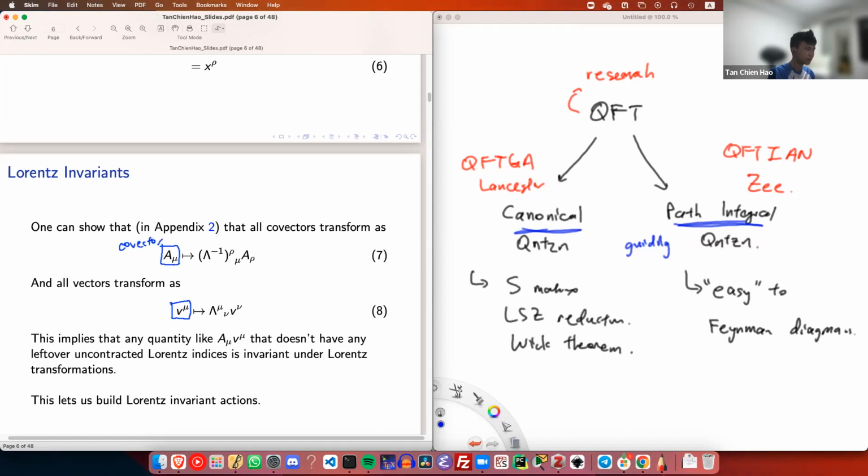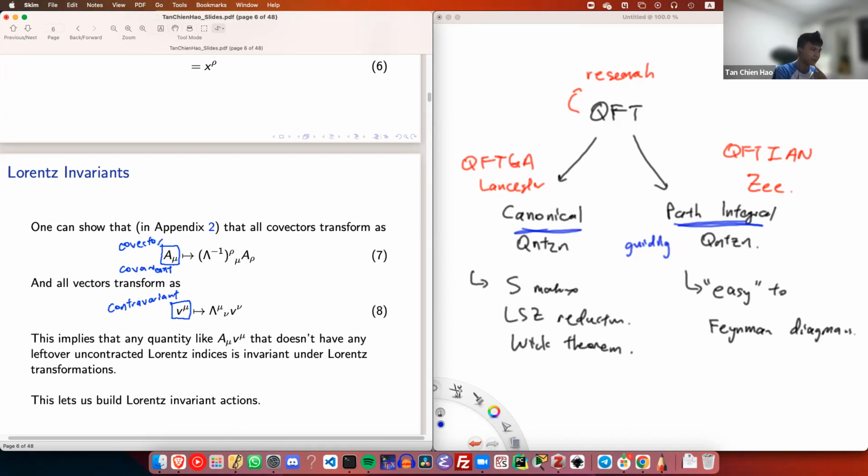Often when there's an upper index, we call it a contravariant index, and when it's a lower index, we call it a covariant index. So what physical significance is there?